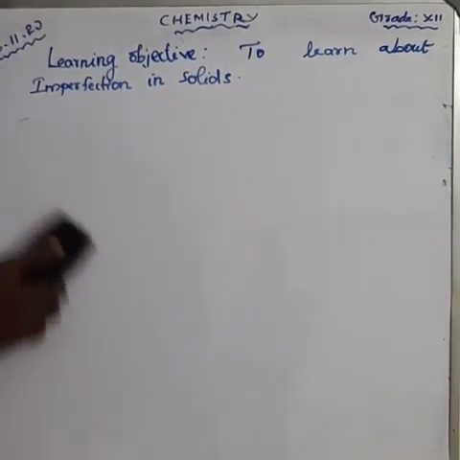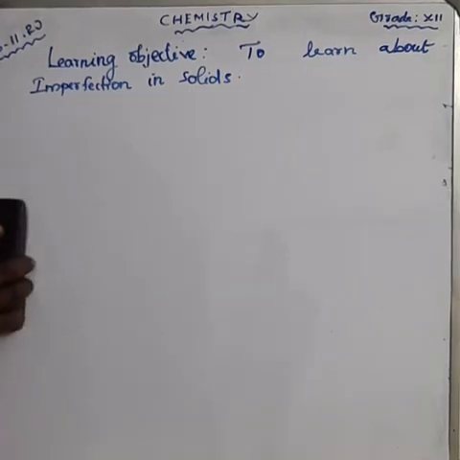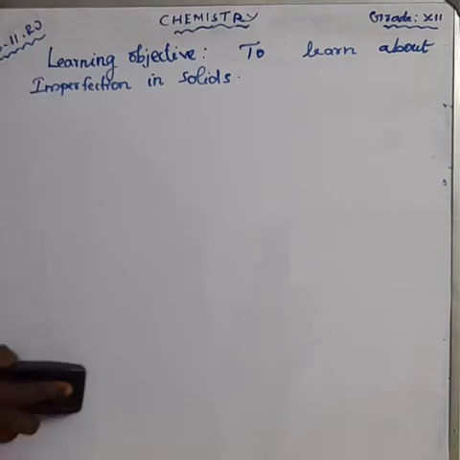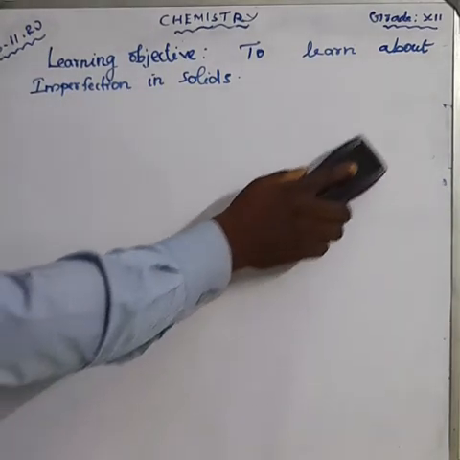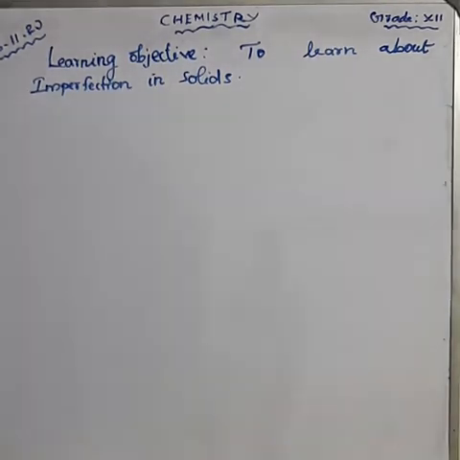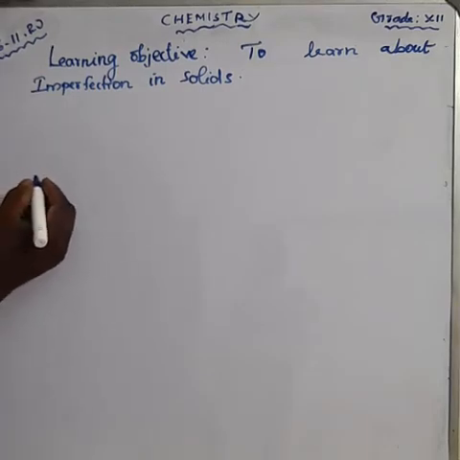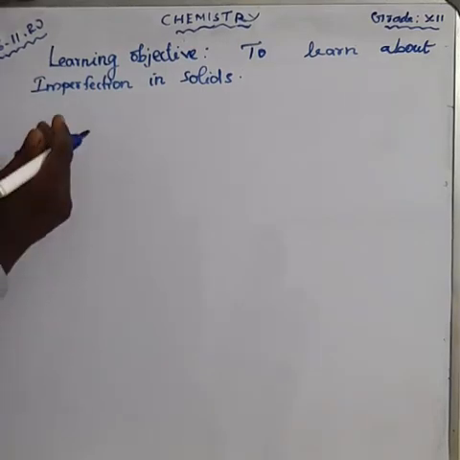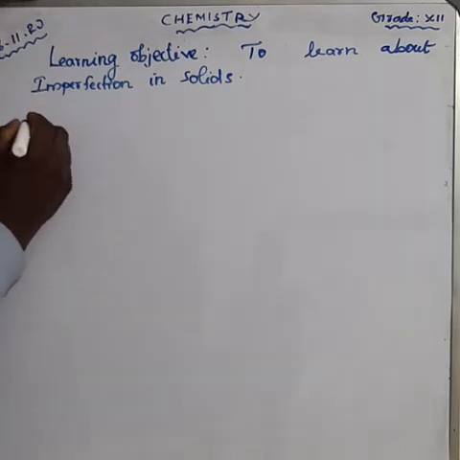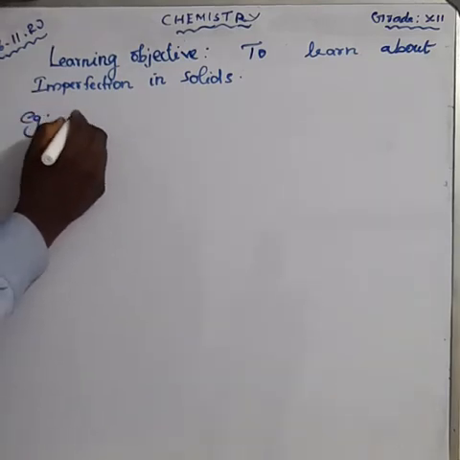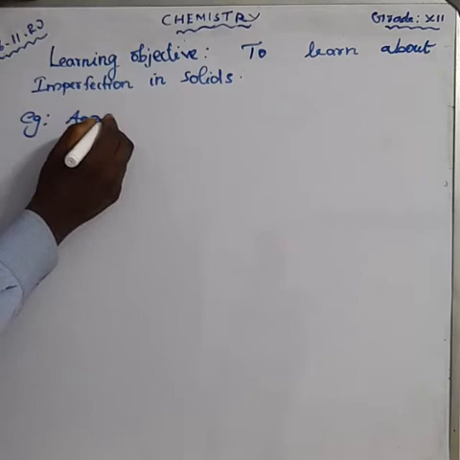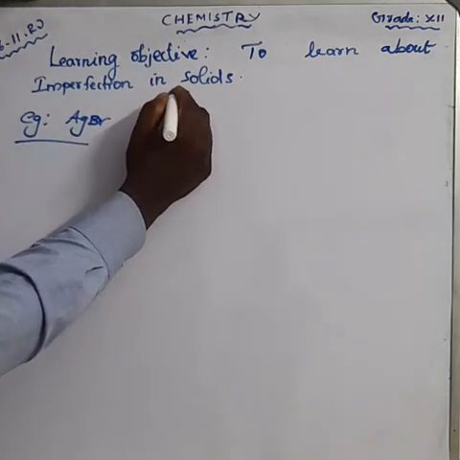Ions are displaced in the crystal lattice to an interstitial position rather than their own appropriate site. They are leaving their own lattice sites. For example, silver bromide, AgBr, is taken for Frenkel defect.